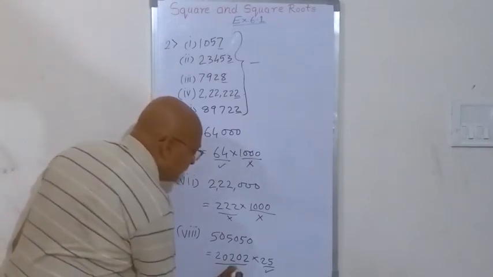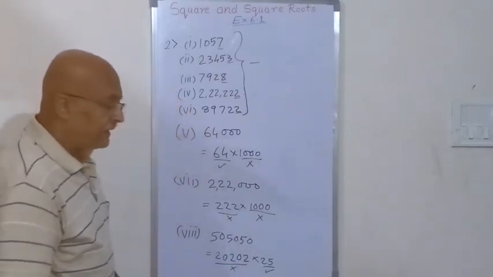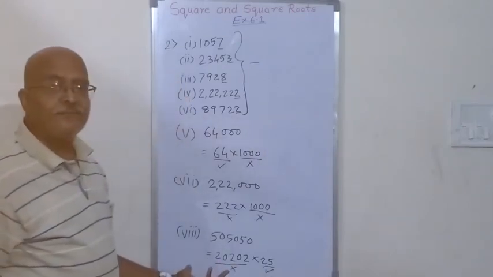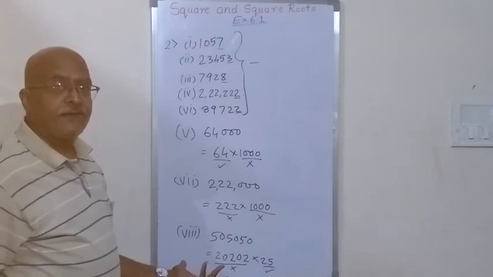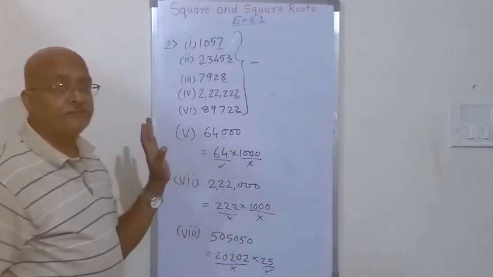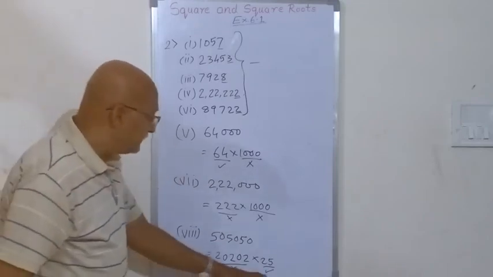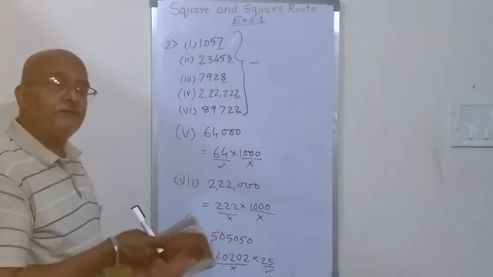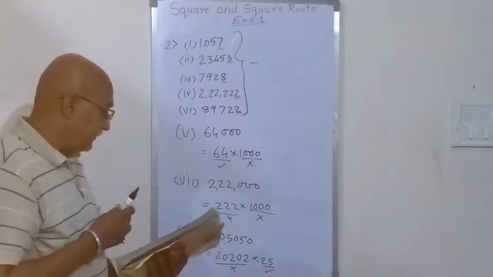So this number is not a perfect square. Hence, the product of a non-perfect square and a perfect square cannot be a perfect square. Got it clear? So this is the way we can give the reasons for each and every one.